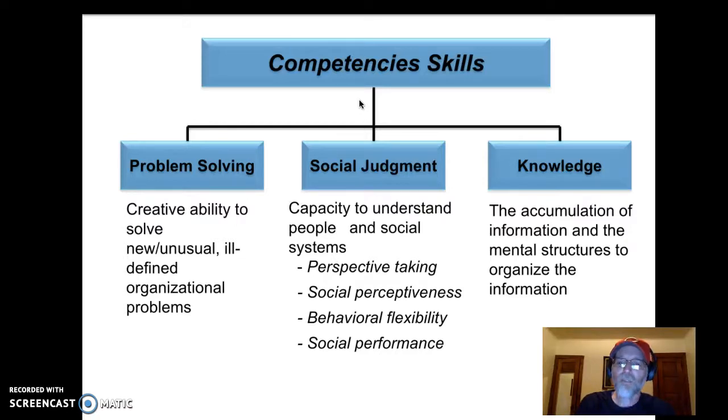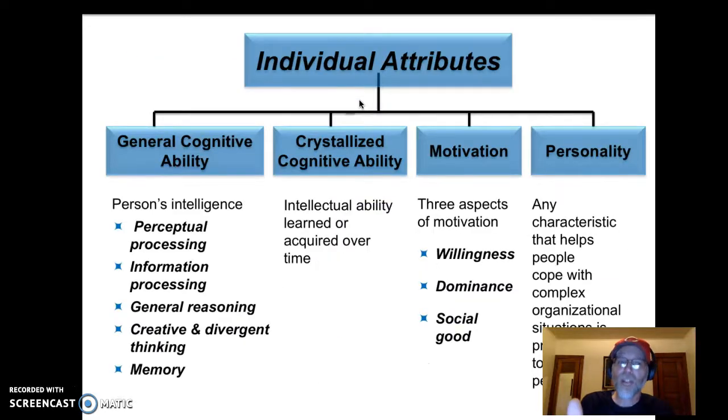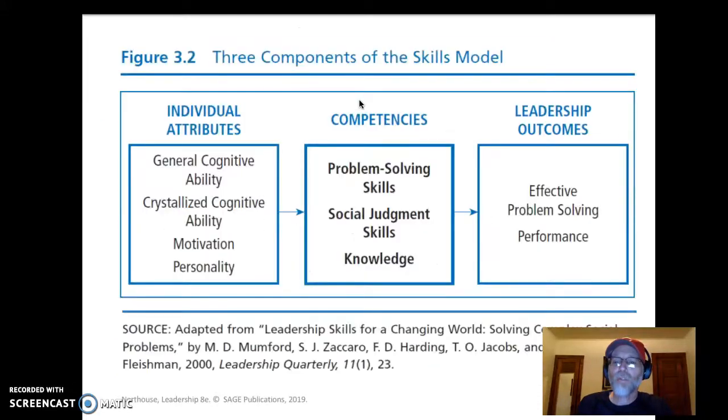And then the knowledge of the organization, or the knowledge of the particular business or organization that we're talking about. They put that together with individual attributes, both intellectual ability, the ability to learn from experience, levels of motivation, and then personality. And you can see as those individual attributes were stronger, then the skills approach was even more effective.